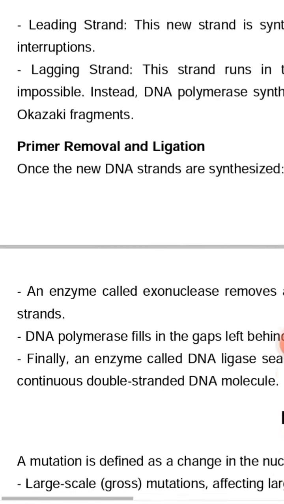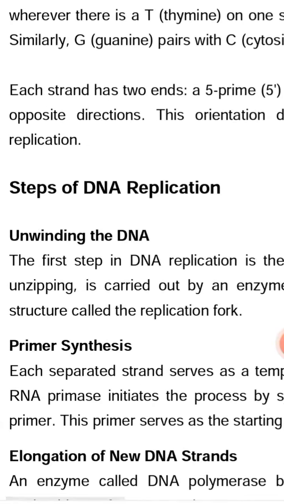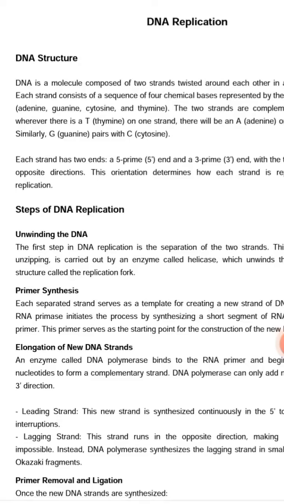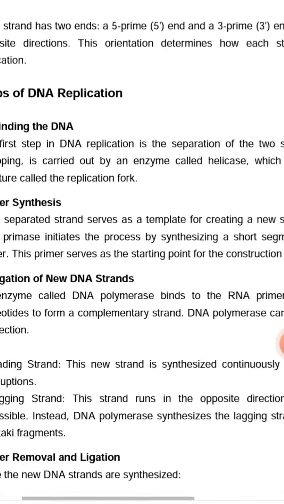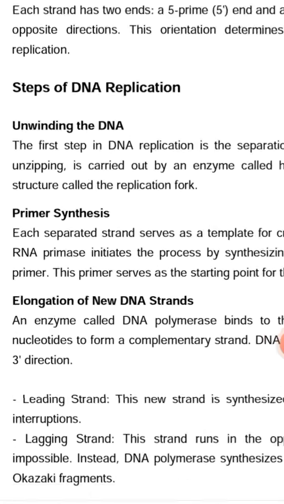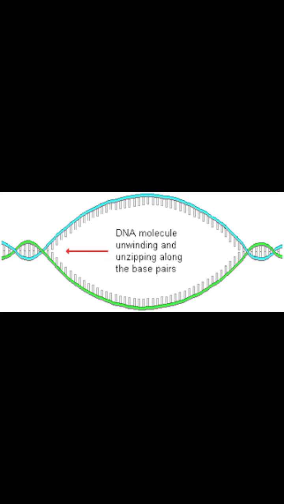Okay, now let's talk about the unwinding of the DNA. This unwinding of the DNA is also called unzipping of the DNA, and it is usually the first step in DNA replication. So it's the separation of the two DNA strands, and the process is called unzipping or unwinding.